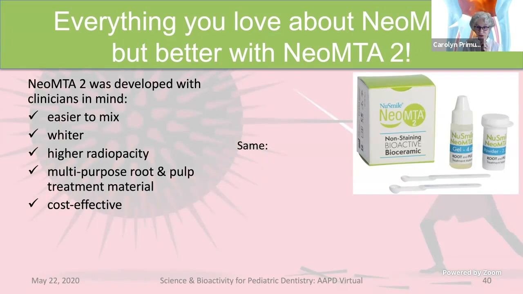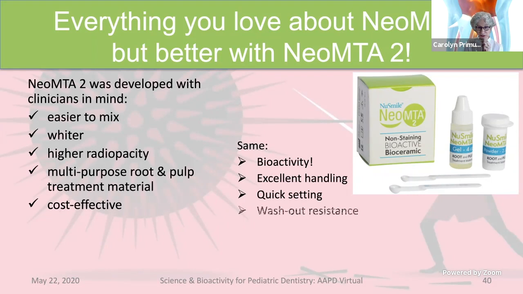Now, between the two materials, they both have bioactivity, excellent handling. They are relatively quick setting compared to ProRoot MTA. They have washout resistance, and they will never stain the tooth. They're versatile, like I showed you all those indications on the other slide.